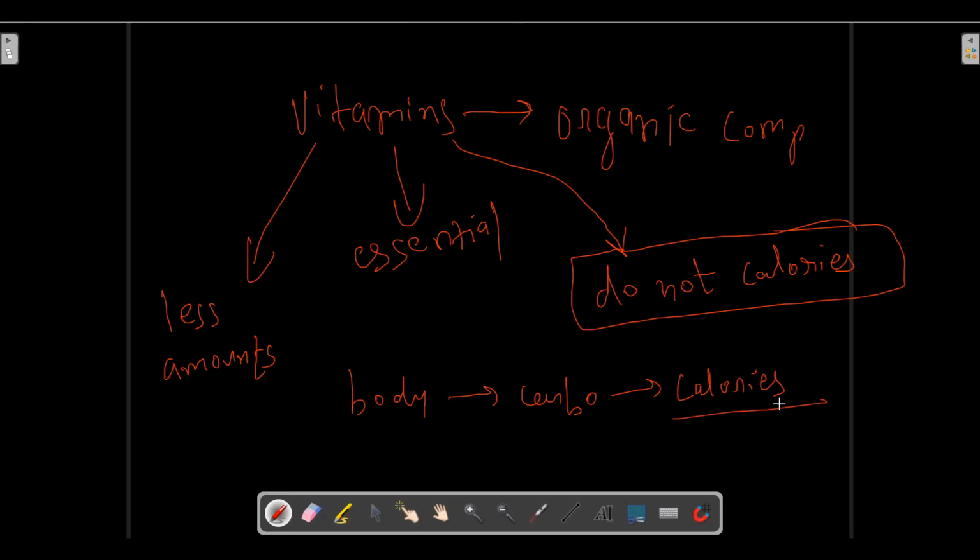Calories are needed for day to day activities of the body, like running, jogging, doing yoga, meditation, exercise. Even while walking, calories are required. So vitamins do not provide calories. Keep this in mind. They are organic compounds, essential for the proper functioning of the body, and needed in very small amounts.